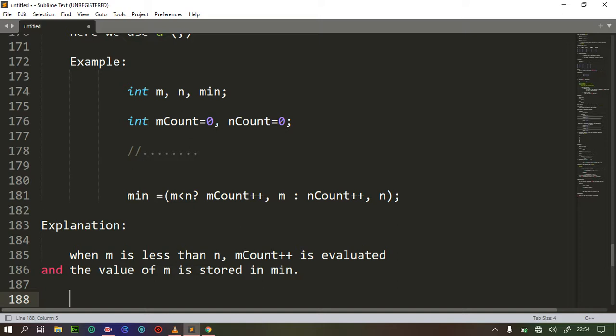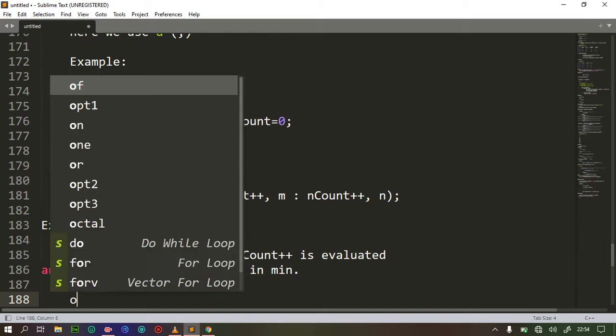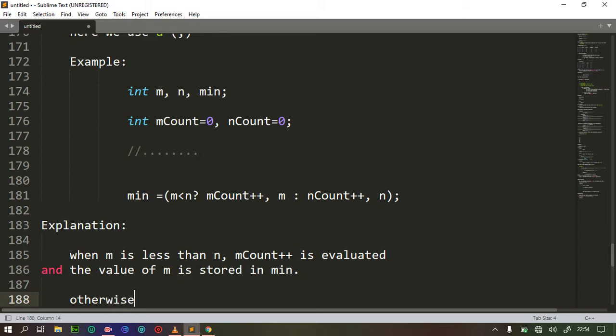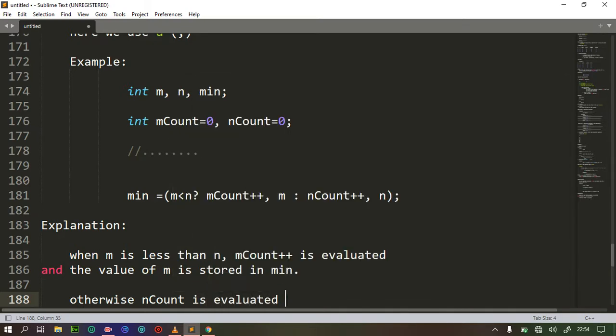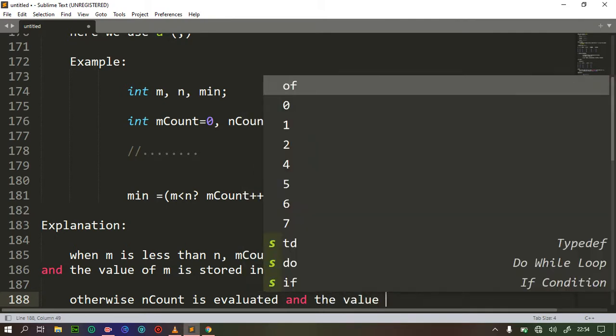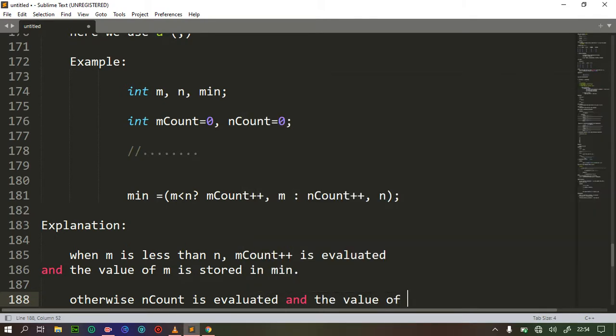If it is less, then how about if it's not less? So that means otherwise what? Then n count, that is the other part when it is false, is evaluated, and the value of what?